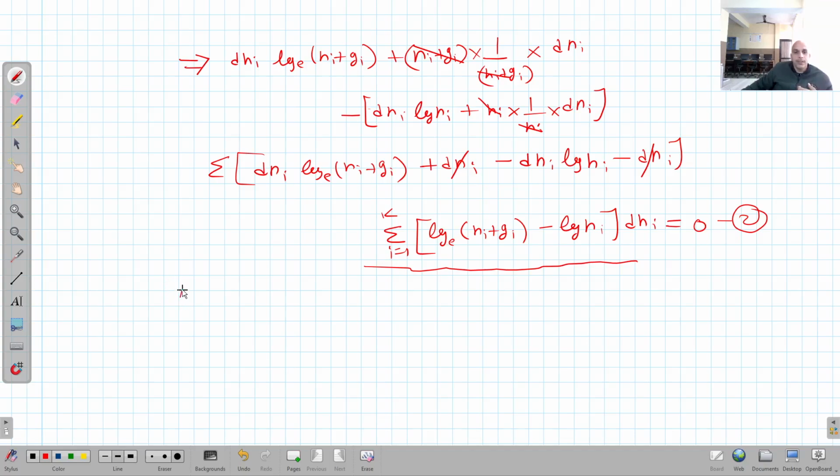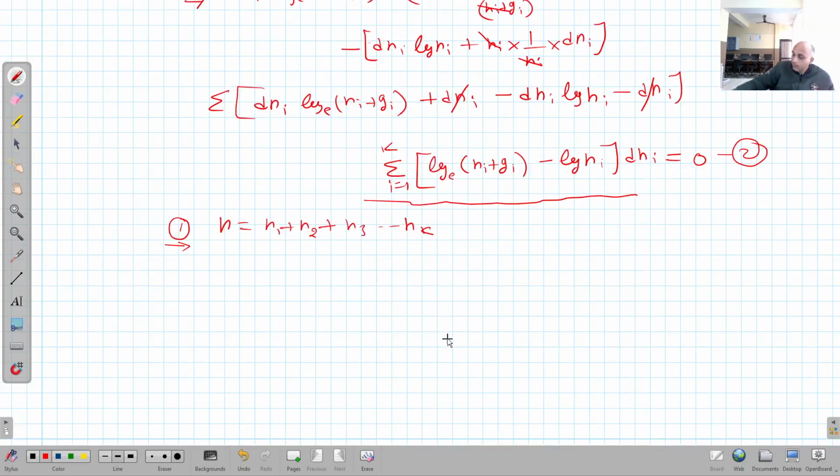The first one is, we know in this case N is equal to N1 plus N2 plus N3 and so on up to Nk. So this is the total number of particles.